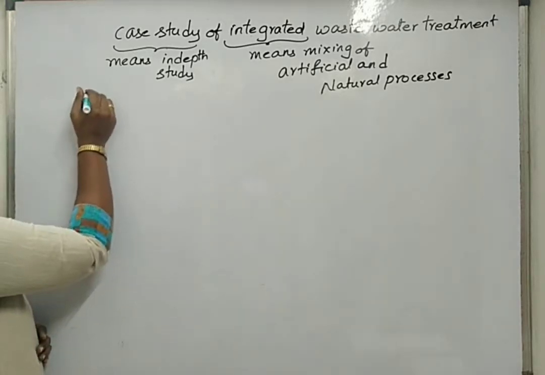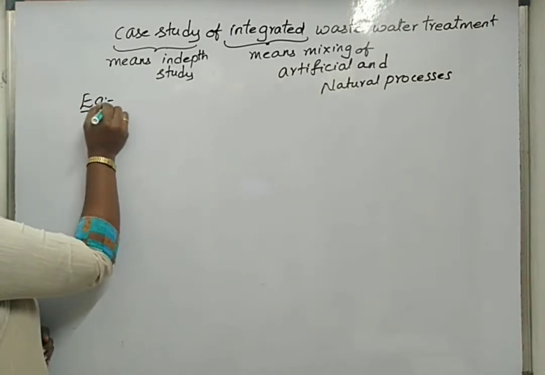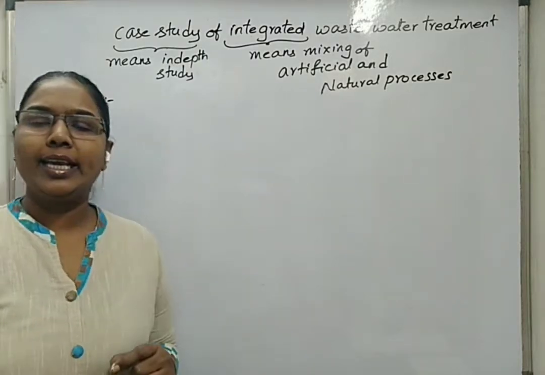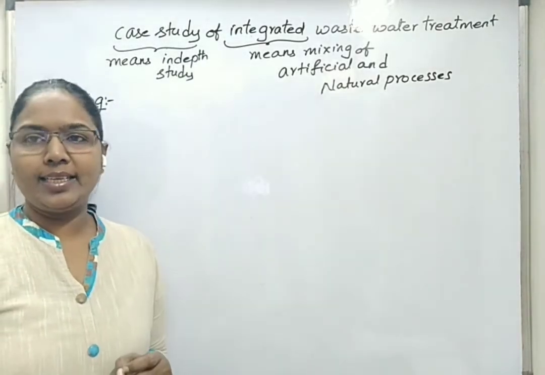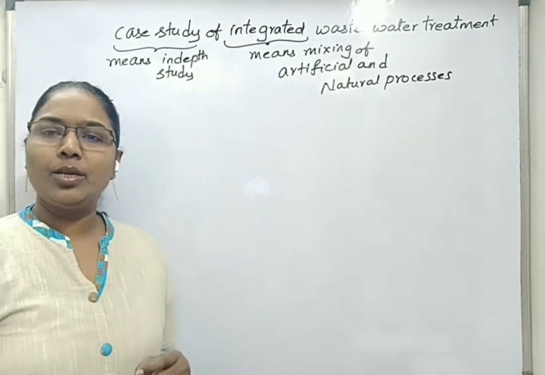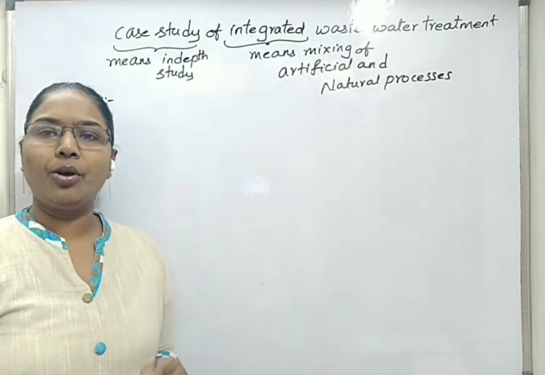So here we have an example that was first done by the people of one area. There was an area called Arcata, which is located on the north coast of California.